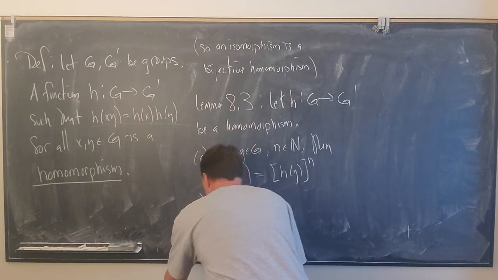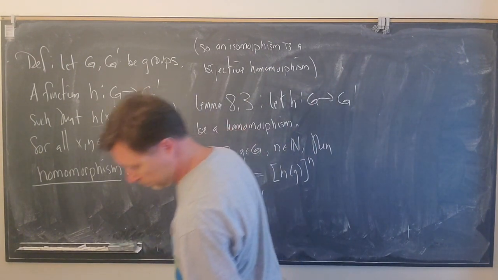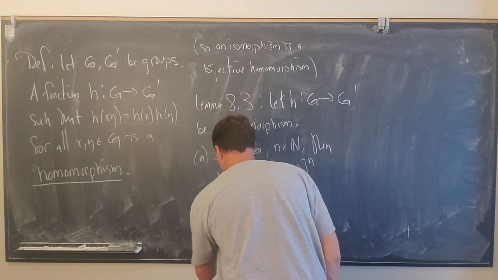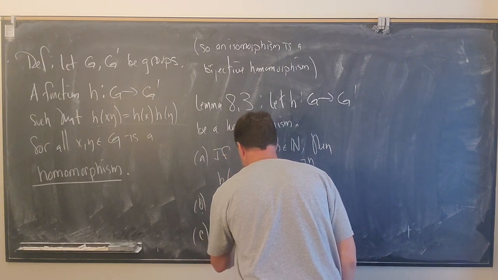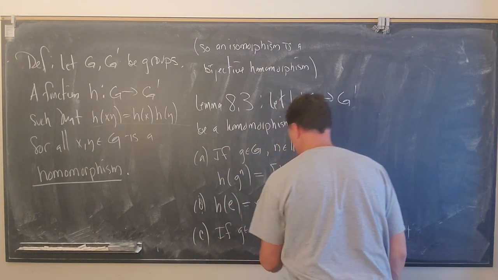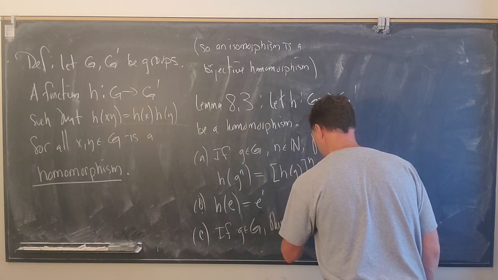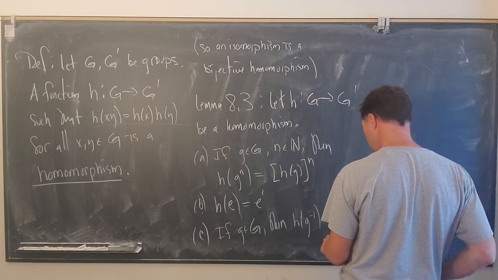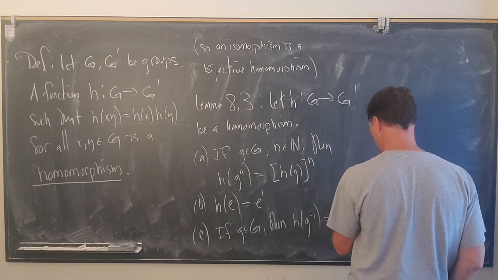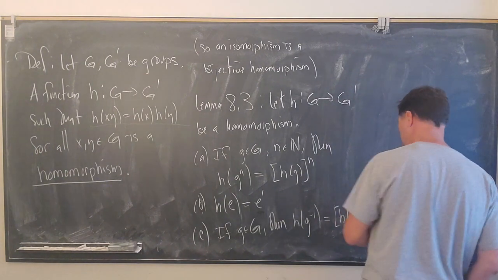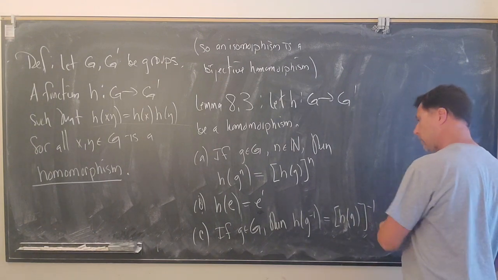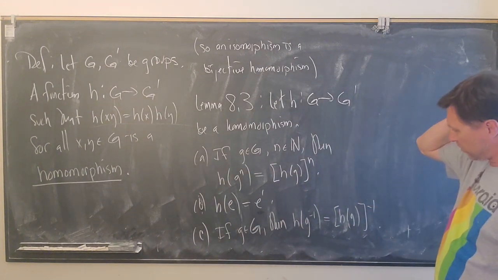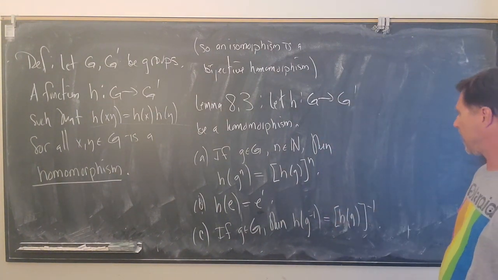And then part C. If g is in capital G, then h of g inverse is equal to the inverse of h of g. That's the way to say it. So we have three facts that we want to verify, and these get at the heart of how a homomorphism behaves.